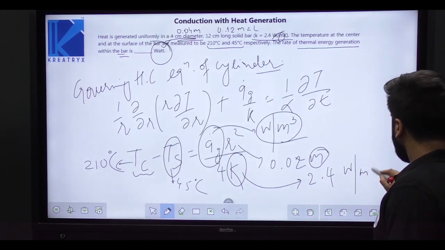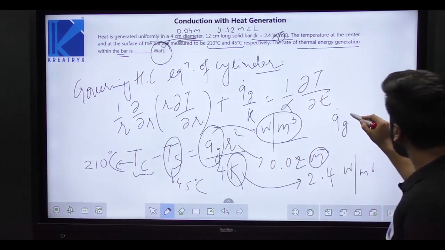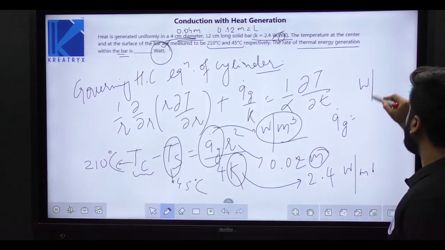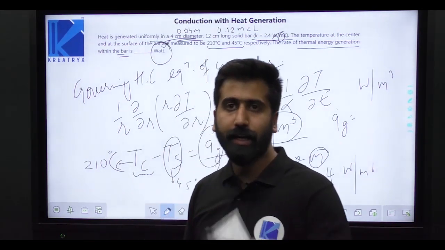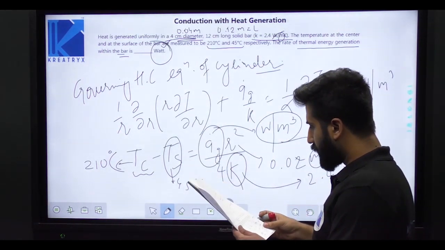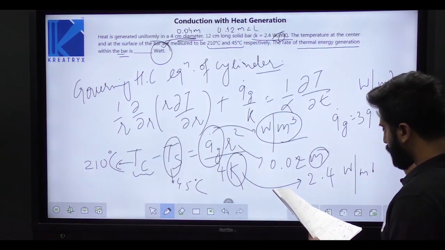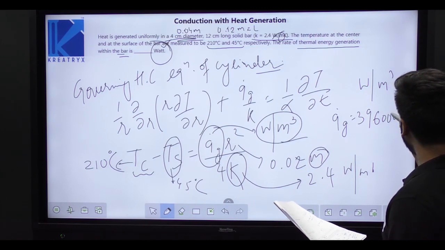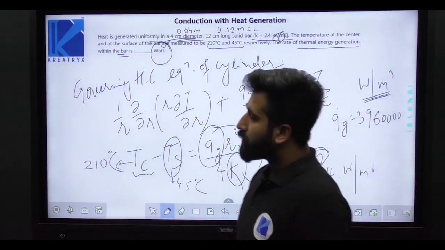So you will get Q dot G. When you solve this, you get Q dot G, that is heat generation per unit volume, and its value is a big value, 3960000 watt per meter cube.